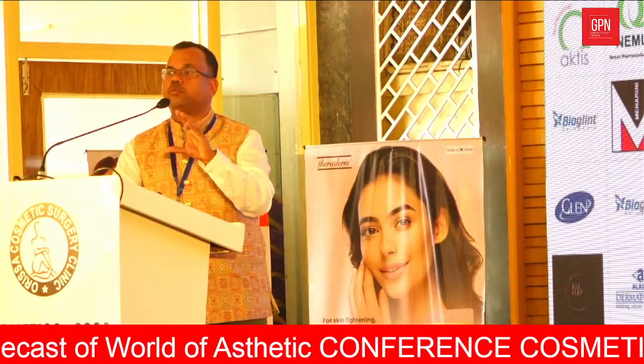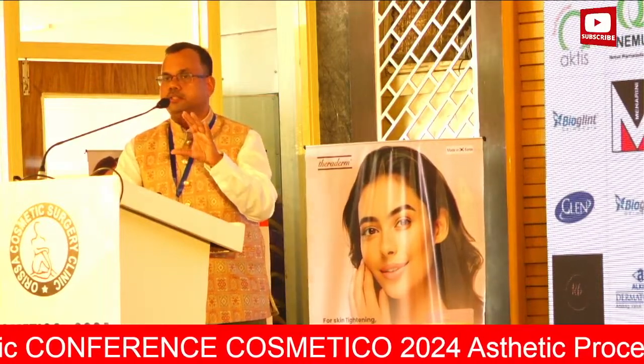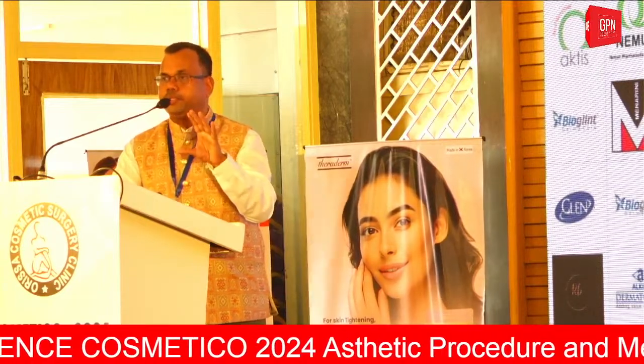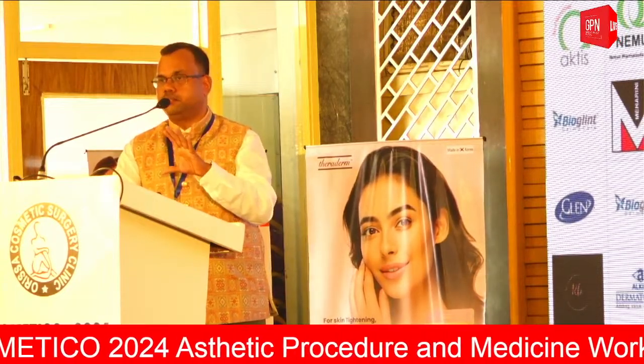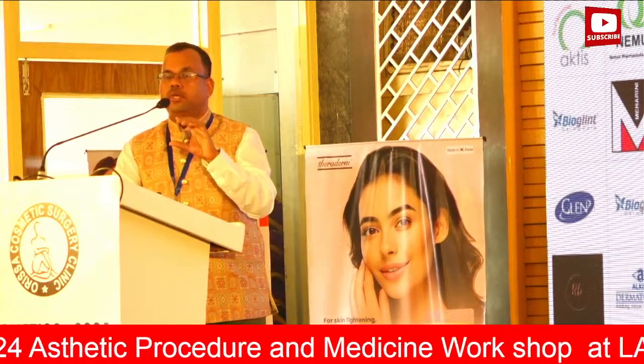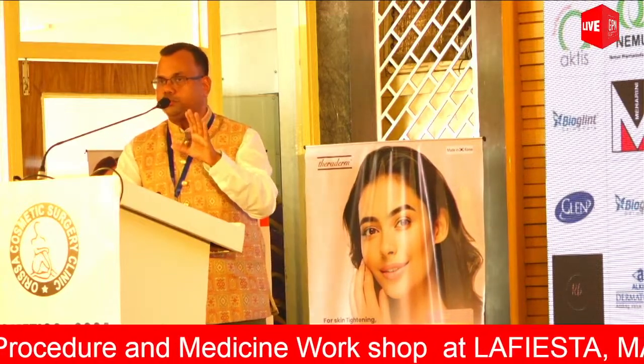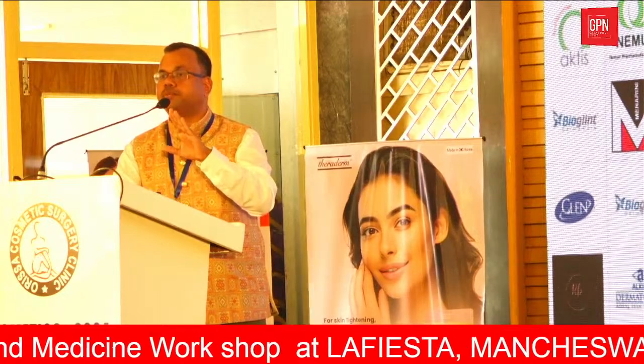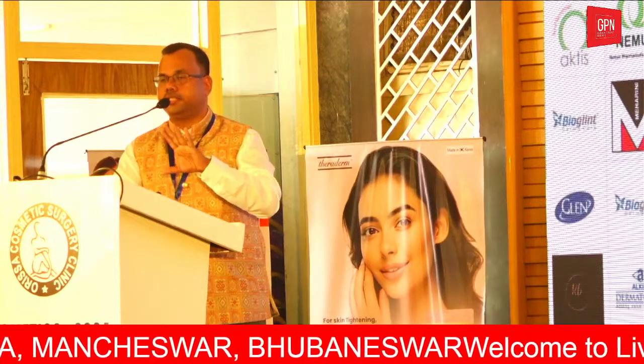Another is the storage of Botox. You should have a clear idea how to store the product. Unless you store the product properly, it will not be effective because there will be a break in the cold chain. When the Botox is not reconstituted, it should be stored in the freezer, that is the ice chamber, at less than -5 degrees centigrade.